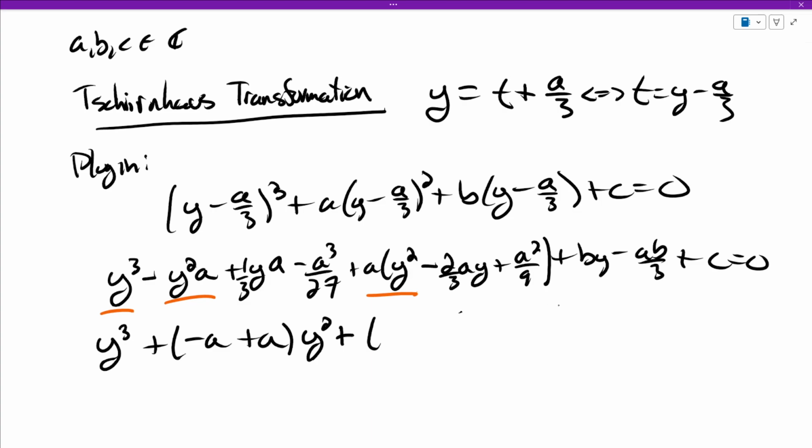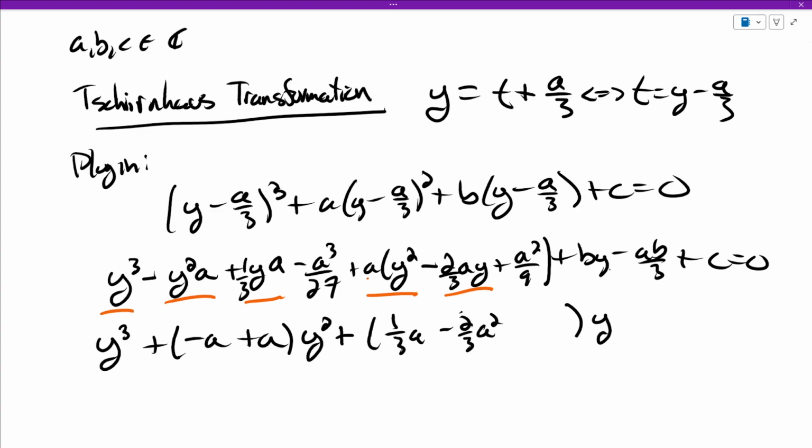And now let's look at our y terms. All right, we get a 1/3 a squared here from this guy, and then we get an a times negative 2/3 ay. So we're going to get a negative 2/3 a squared.